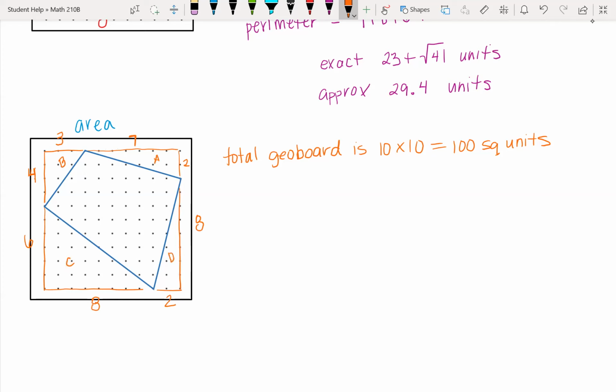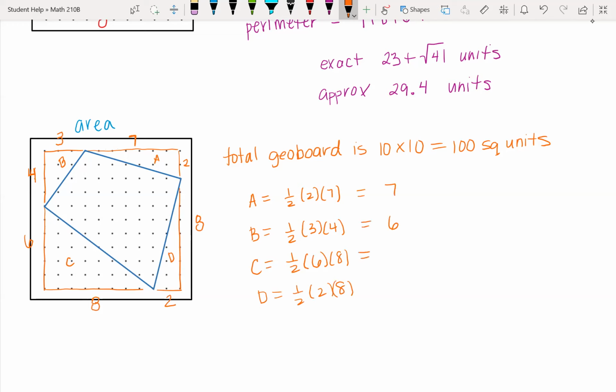All right, so the area of A is equal to 1/2 times 2 times 7. And B is 1/2 times 3 times 4. C is 1/2 times 6 times 8. And D is 1/2 times 2 times 8. So this is 7, this is 6, this is 24, and this is 8.